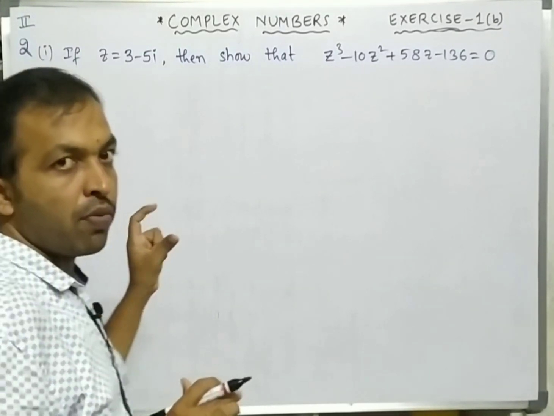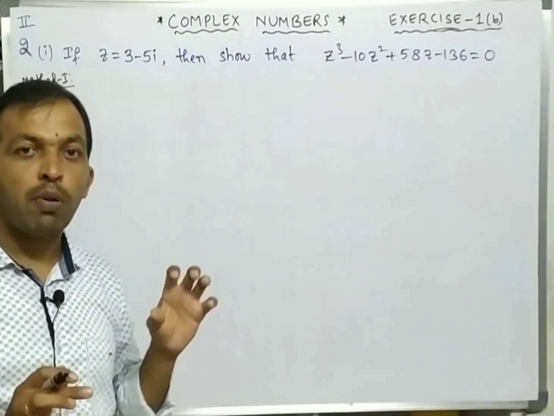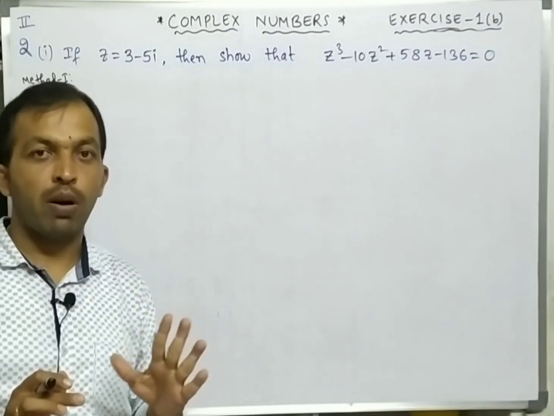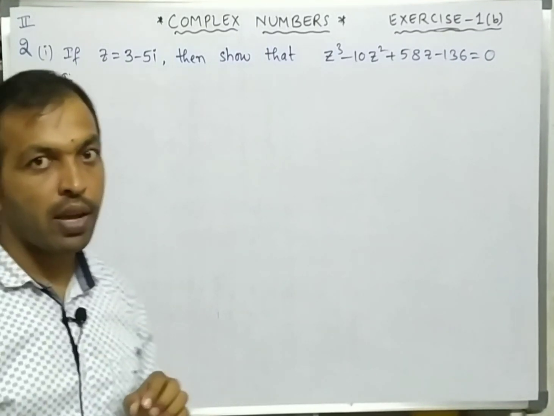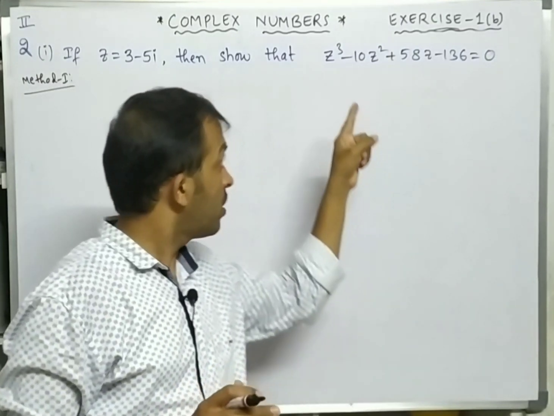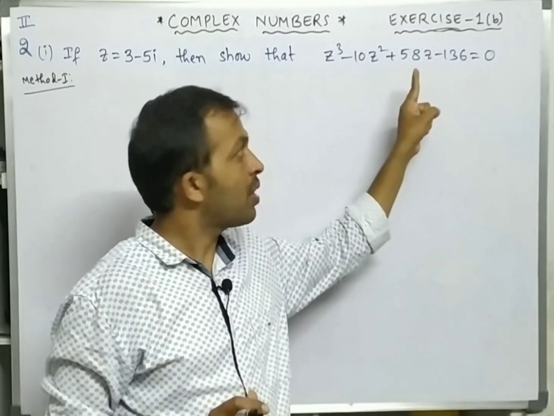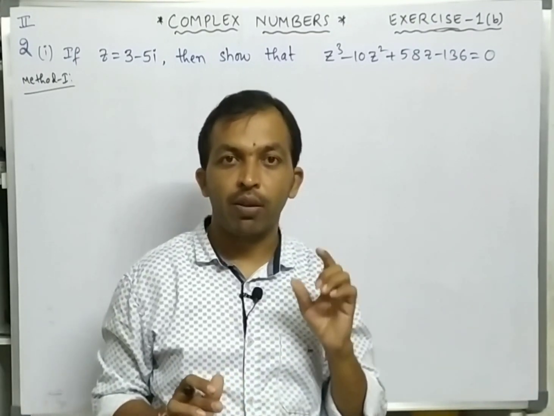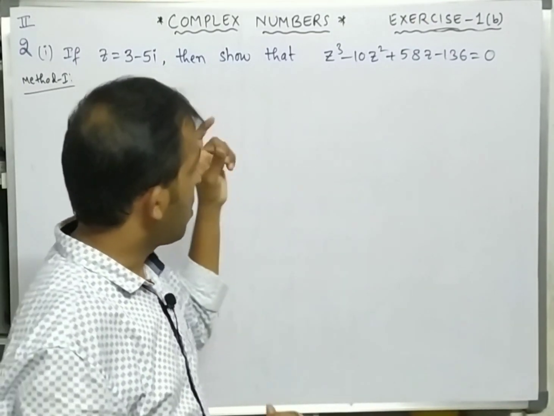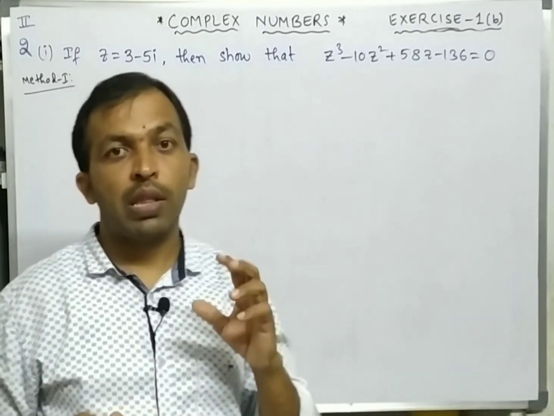Second bit, first problem. This problem is also important for 4 marks. First one: z is equal to 3 minus 5i is a complex number. Then show that z cube minus 10z square plus 58z minus 136 is equal to 0. This problem can be solved by using 2 methods.